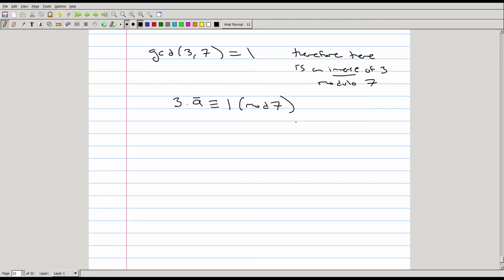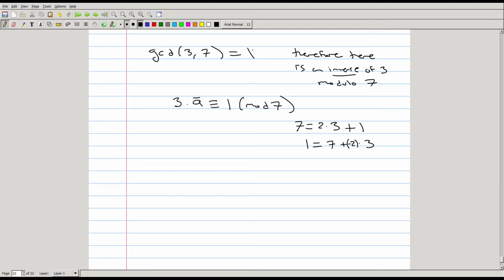Specifically, when we do this, we see that 7 is equal to 2 times 3, or 6, plus 1, which means that 1 is equal to 7 minus 2 times 3, and you can clearly see that the Bezout coefficient of 3 is -2 in the linear combination expansion of the greatest common divisor using Bezout's method.